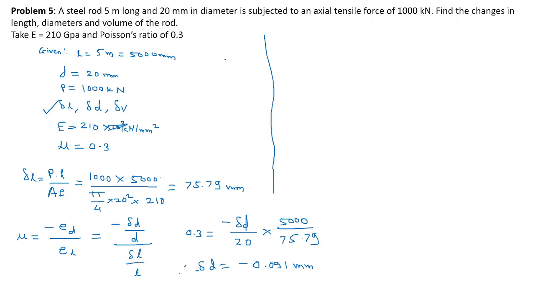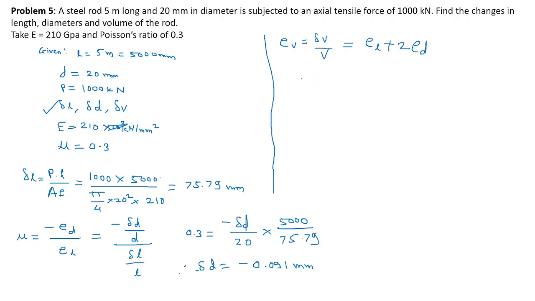Next is delta V. We can find delta V by the EV formula. EV is delta V upon V. We can simply find the volume of the cylinder, so we can easily find delta V. EV is also given by another formula, EL plus 2 ED.